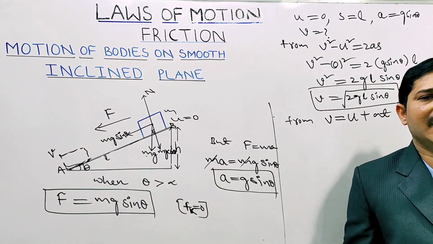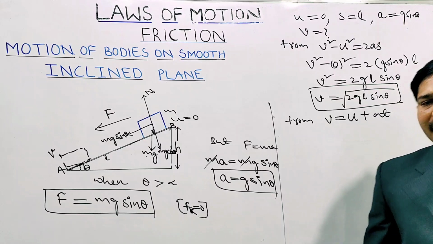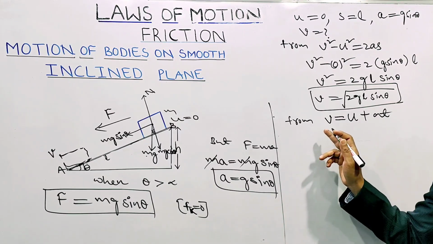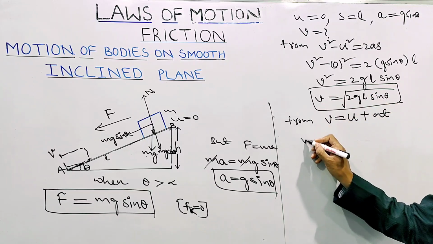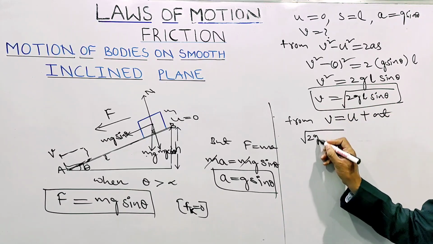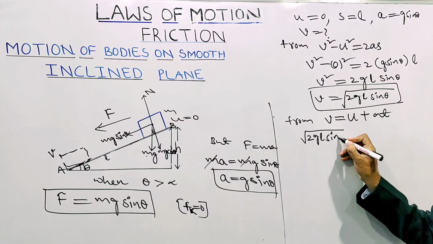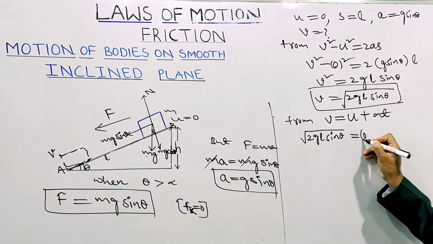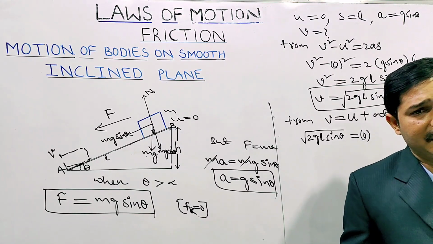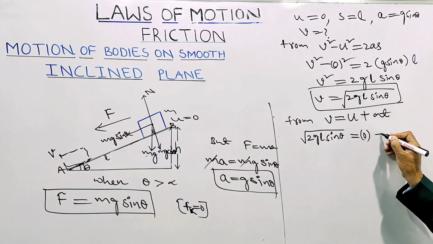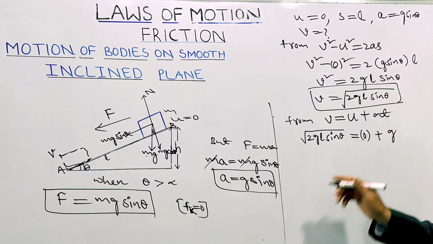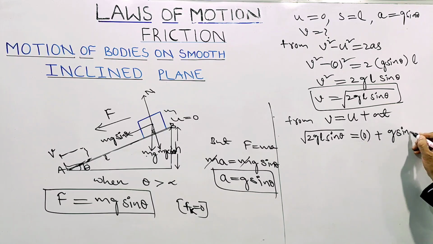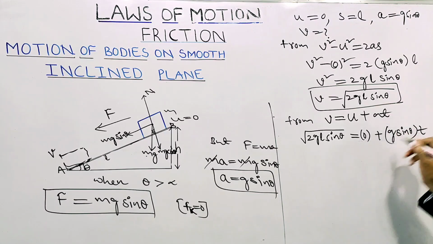In that I am substituting V, which we just got: under root 2gL into sin theta is equal to U, which is 0 as it starts freely, plus a, which is g sin theta, into t.